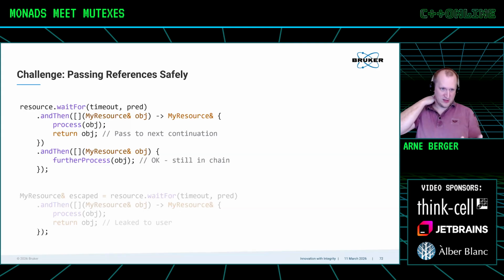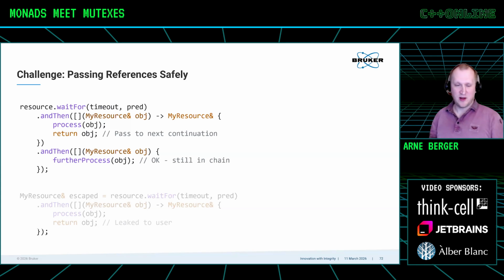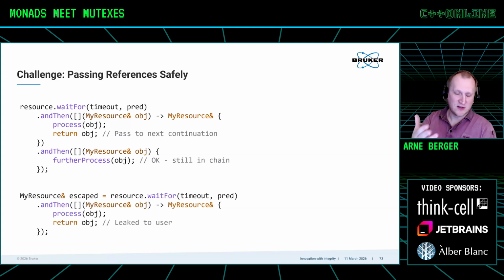And that's okay. As long as we are still in the chain, our invariants hold, the mutex is locked, and we can work with that without fearing any race conditions. But let's just assume we at some point delete the second andThen and are in a rush and forget to modify something else. And if we return that even to an encapsulated value, we end up with a reference to our thing on the inside and can modify it after the lock duration ended.